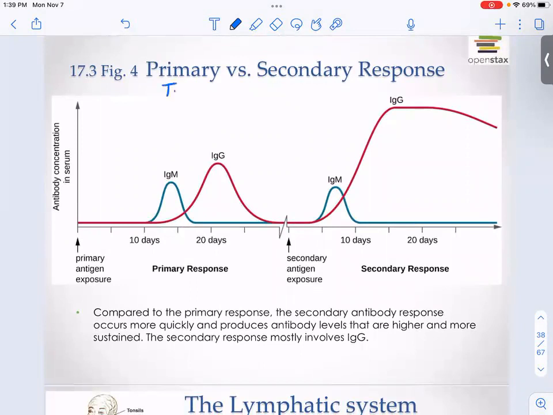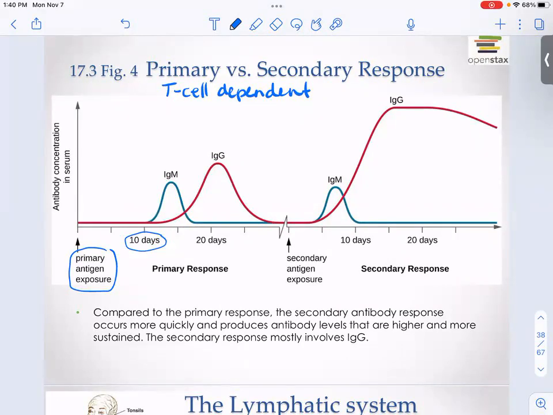Again, this is T cell dependent primary versus secondary response, adding a little bit more detail to what we talked about before. The first time we're exposed to that antigen, it takes quite a while till antibody gets made, because you have to find the right T helper cell with the right T cell receptor that's recognizing that presented antigen.